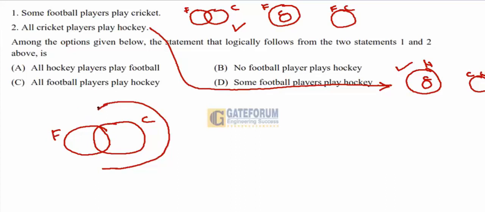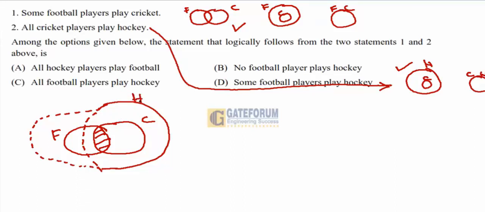So it might be possible that all the football players are also hockey players. Or it might also be possible that only some of the football players are hockey players. It can never be possible that no football players are hockey players, because at least this part of football players will be in cricket, and all of cricket are hockey players. So some footballers will definitely be a part of hockey.